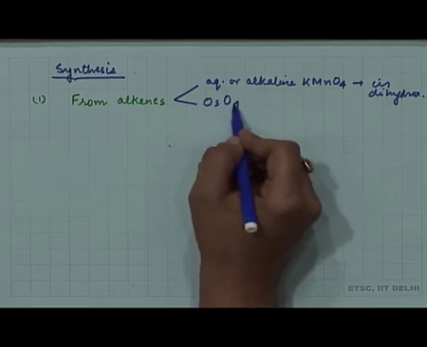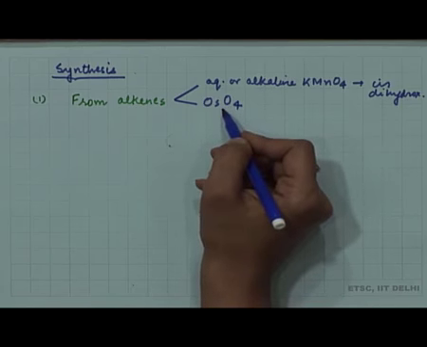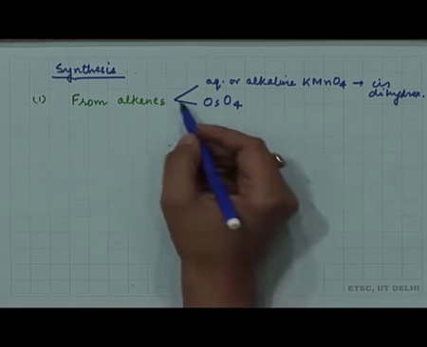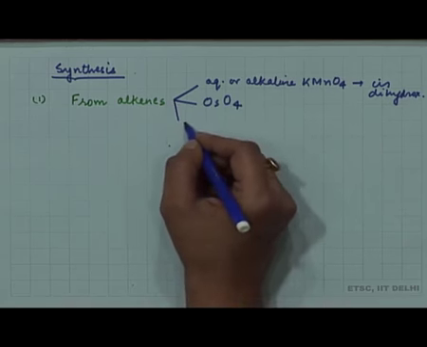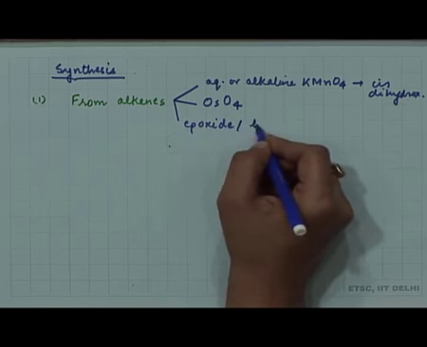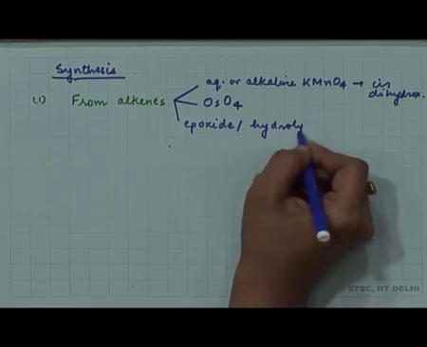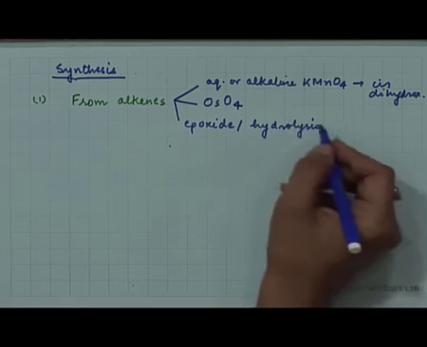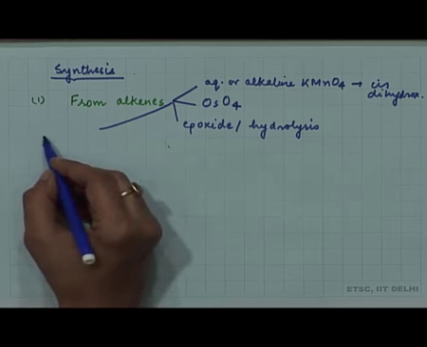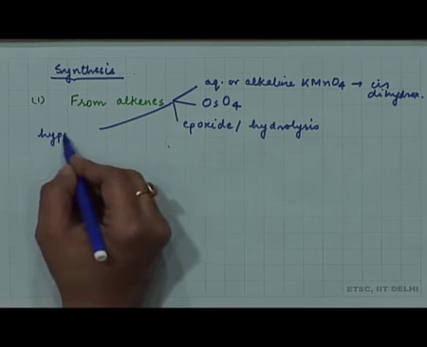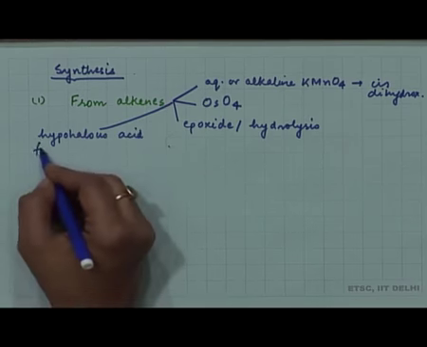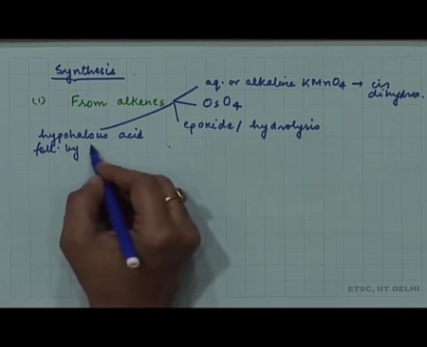The same thing was happening with osmium tetroxide, where treatment of alkenes with osmium tetroxide was again giving you a dihydroxylated product. You could also make an epoxide out of an alkene followed by an acid catalyzed hydrolysis, which was also giving you a diol. Another method was with the hypohalous acids followed by hydrolysis.